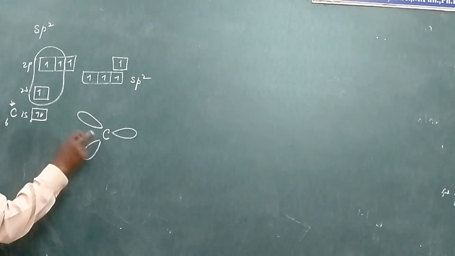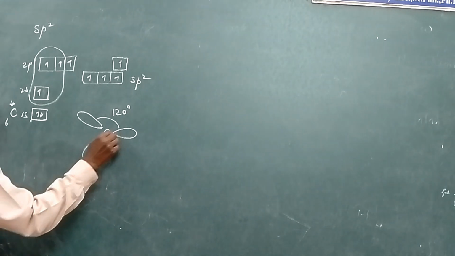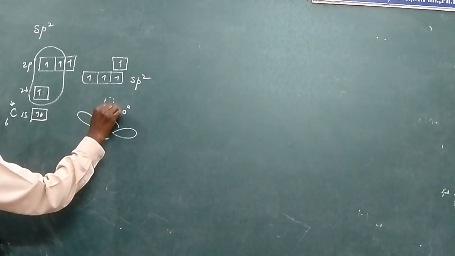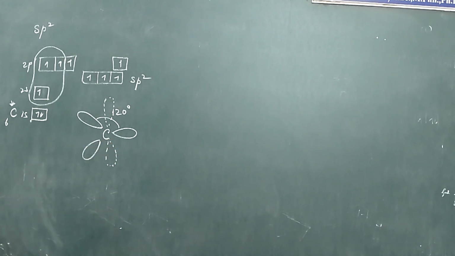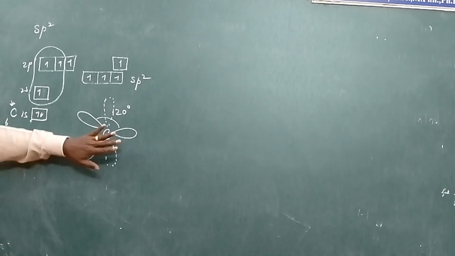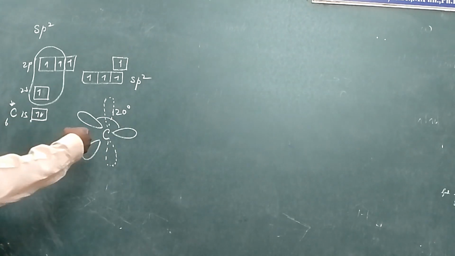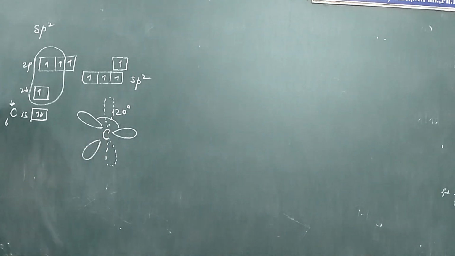So it is trigonal planar. The angle is 120 degrees. The unhybridized orbital is perpendicular to this. You can assume that if the hybridized orbitals are in the plane of the blackboard, then the unhybridized p orbital is perpendicular to the plane of the blackboard. So this is how sp2 hybridized carbon is.